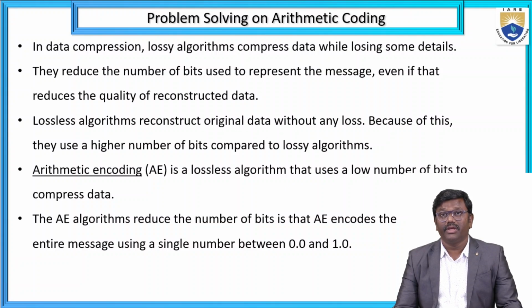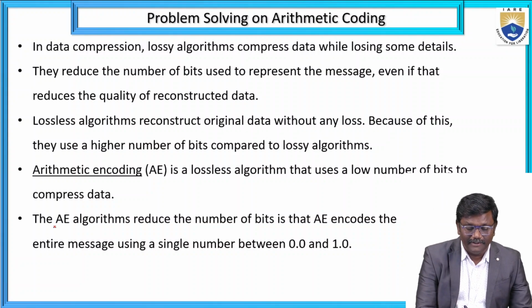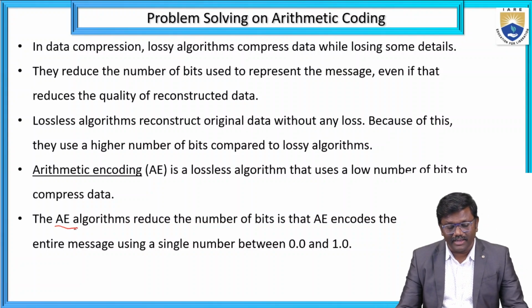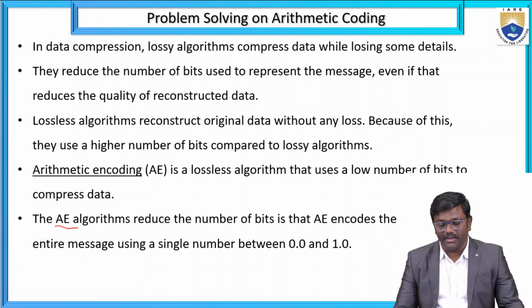So today we are concentrating on arithmetic coding, which is arithmetic encoding. Arithmetic encoding is a lossless algorithm that uses a low number of bits to compress the data. This AE algorithm reduces the number of bits.